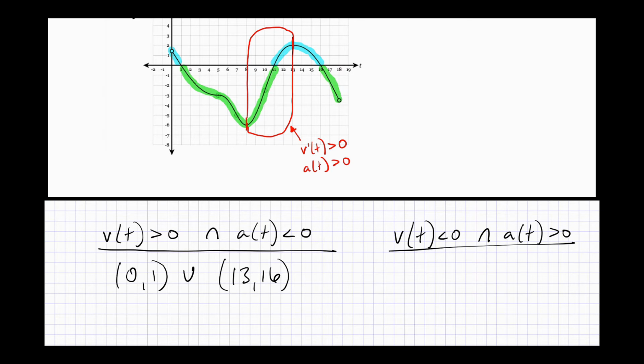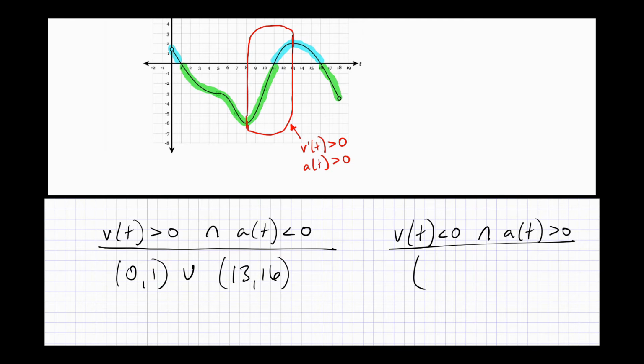Acceleration positive is in the circle, right? So it's kind of like a Venn diagram. You're looking at where they share. So where is it green and in the circle? Looks like from 8 to 11.